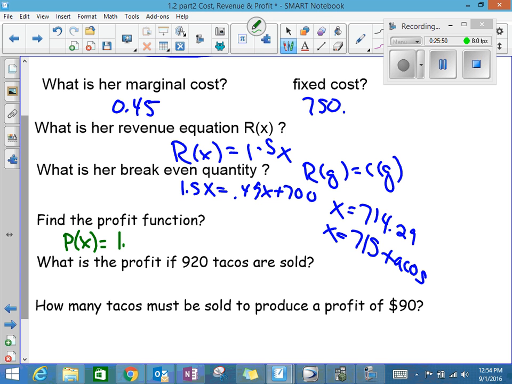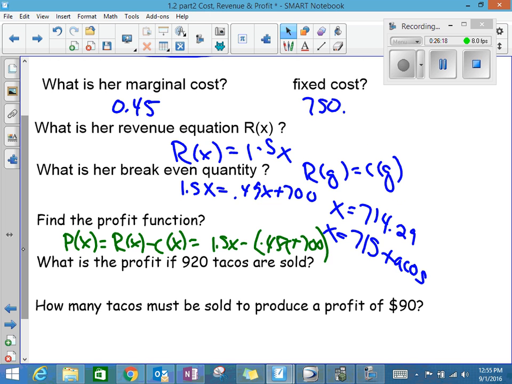So R of x minus C of x, which becomes 1.5x minus 0.45x plus 750.